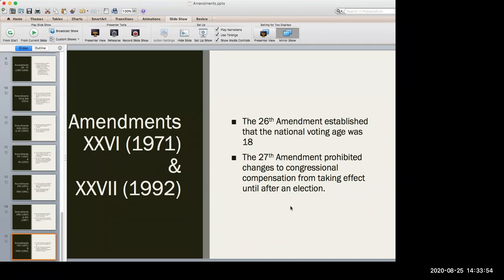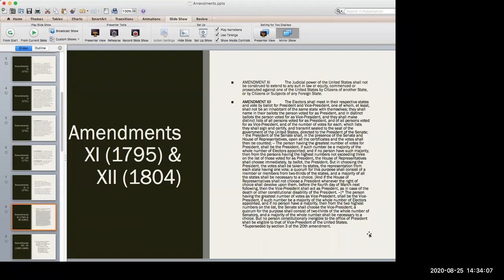How do you feel about the 12th Amendment? Let's go back in case you weren't able to memorize it. The 12th Amendment is talking about the election of president and vice president and how that's going to work.